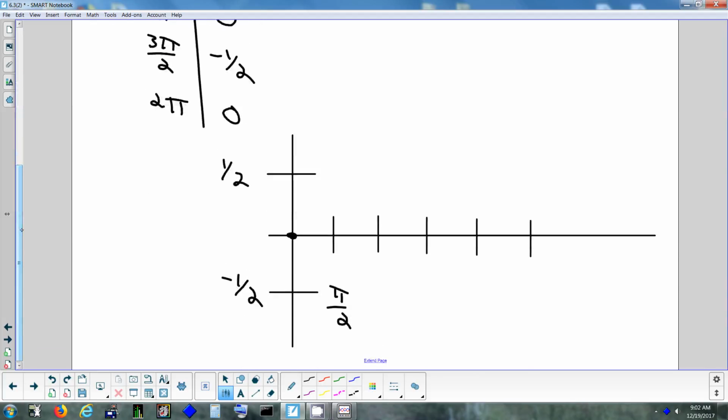So pi over 2, we're at a half. Pi, I'm at 0. Still going to end up drawing through it a little bit. 3 pi over 2, about -1/2. And then 2 pi back to 0.